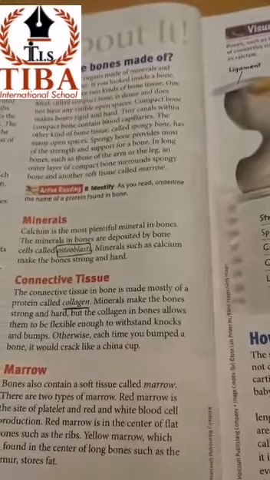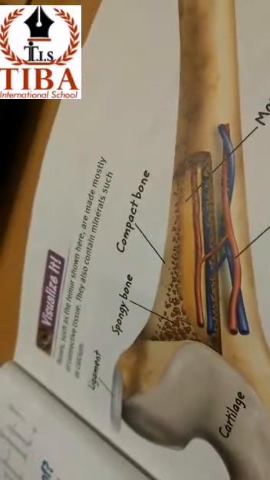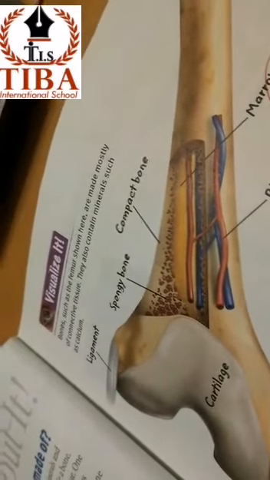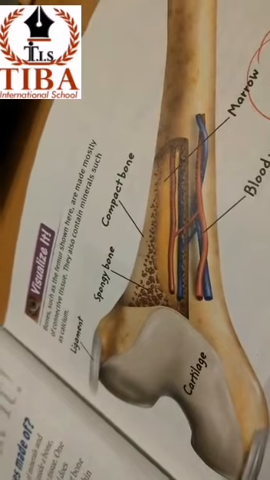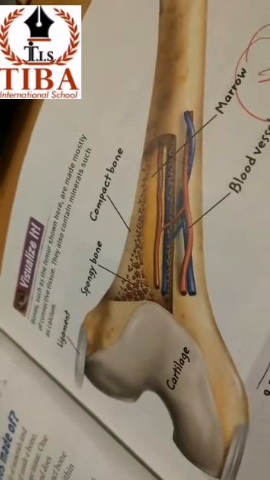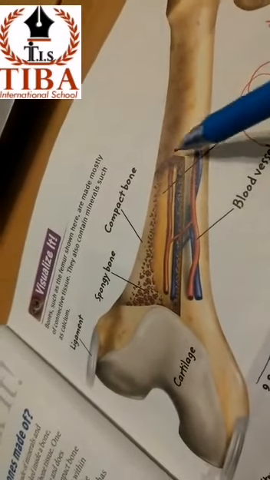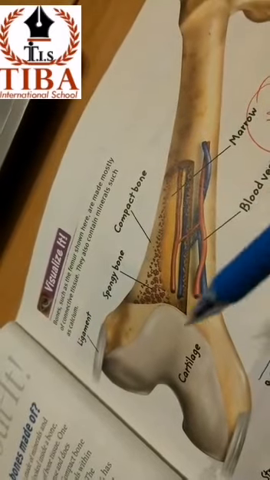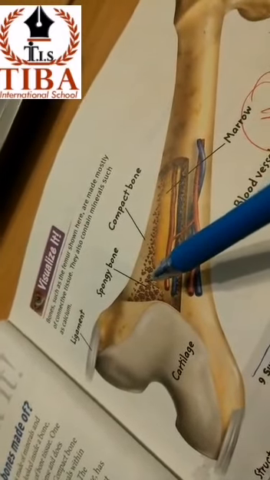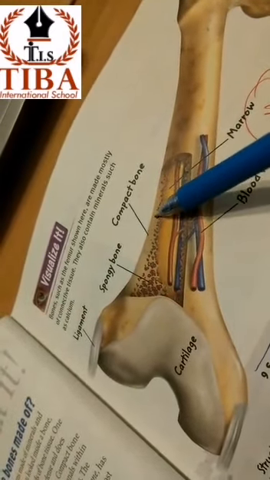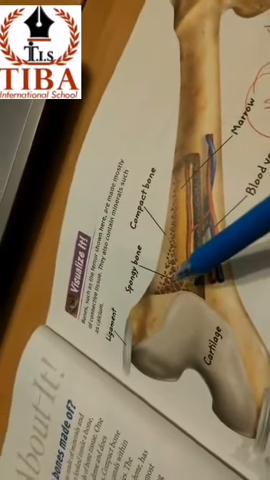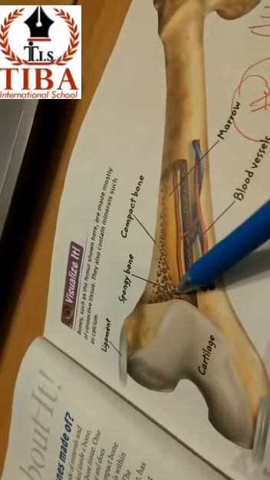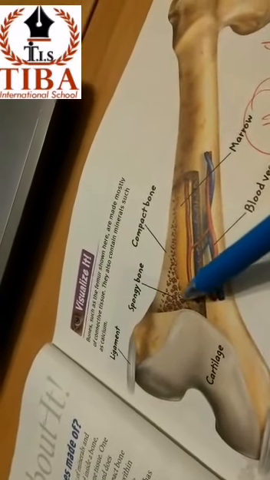If we turn to page 19, you can see the structure of a single bone. It is made up of an outer layer called the compact layer, which contains a lot of deposition of calcium, and then the spongy bone, with open spaces to give the bone lightweight.